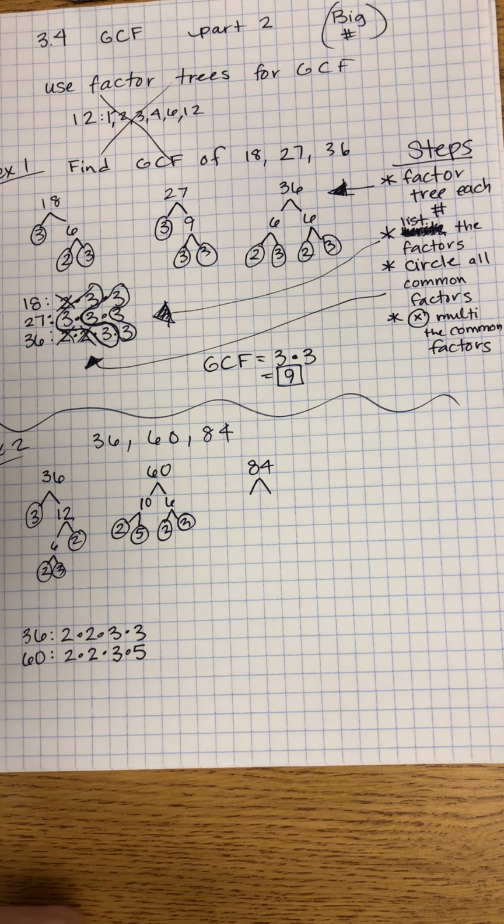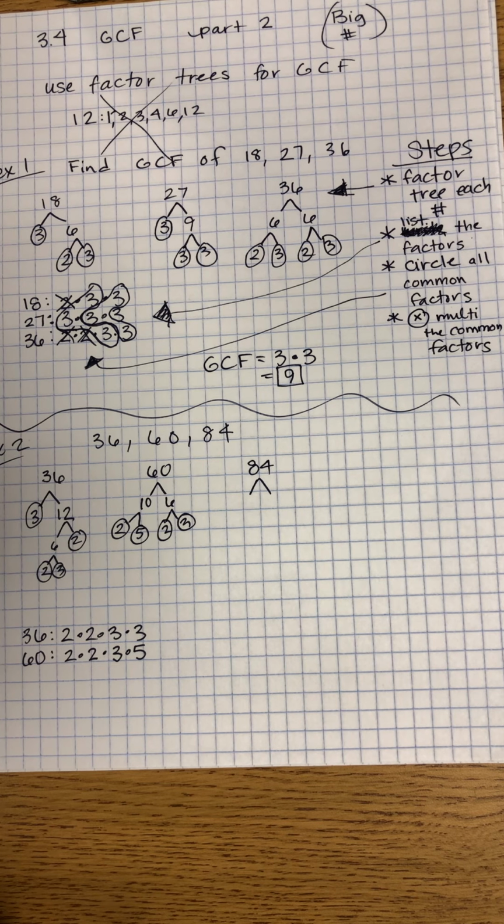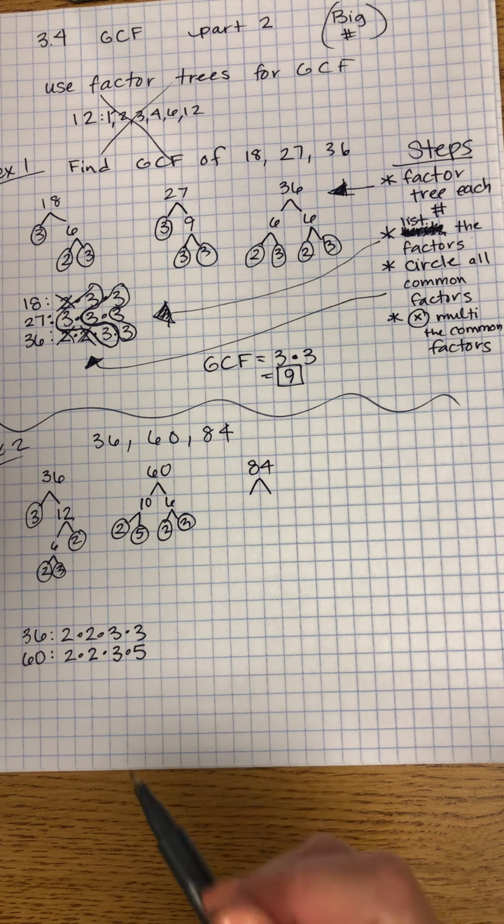So I can divide it by 2. What other number can I check really easy? 12. So 12 goes into it, but which one can I check for my divisibility rules? 3.